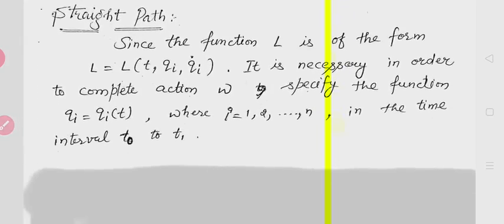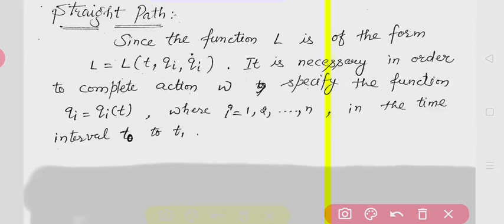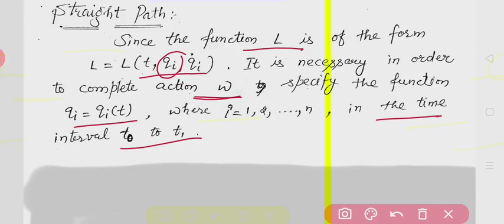So what do we mean by the state path? If the function L is a function of t, qi and qi dot, then to complete the action, we define this qi as a function of t within the time interval t0 to t1. That means action within the interval t0 to t1. So what will be the state path?